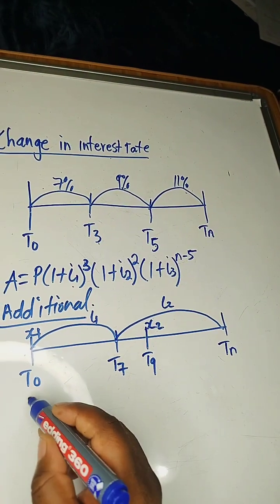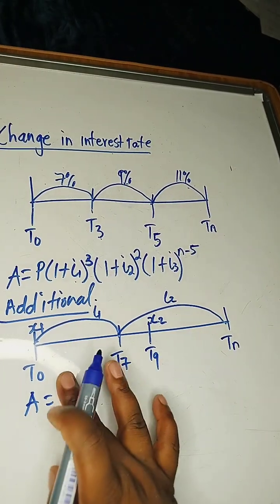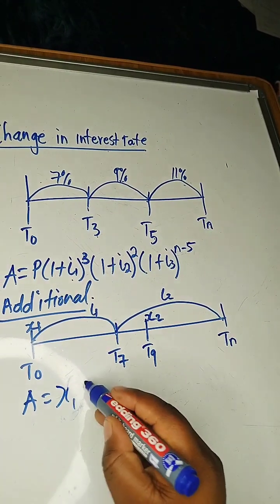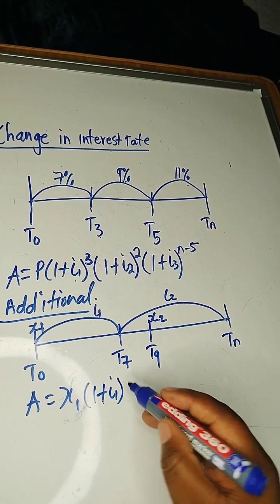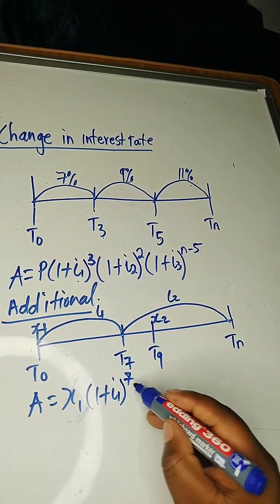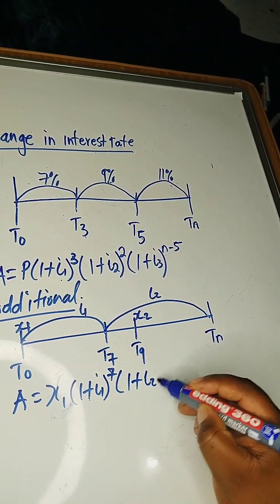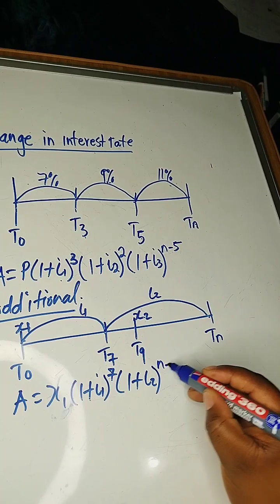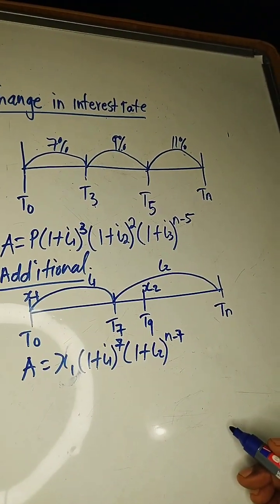Number one, I will have A is equal to, let's write it as, X1 into 1 plus I1 all raised to 7 times 1 plus I2 all raised to n minus 7. I hope you see that one.